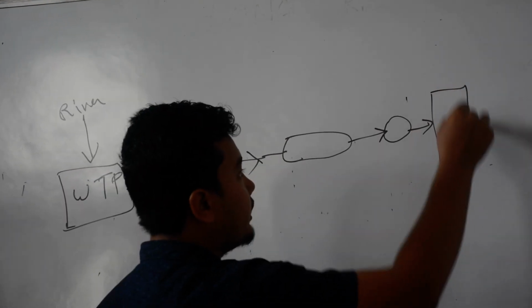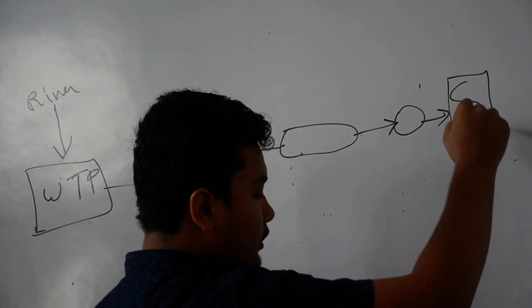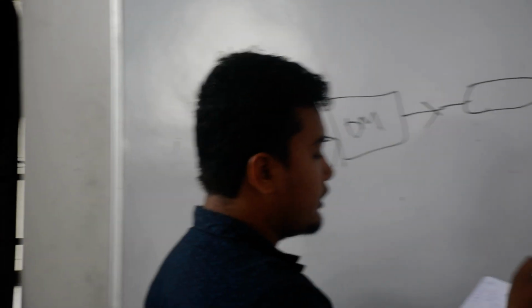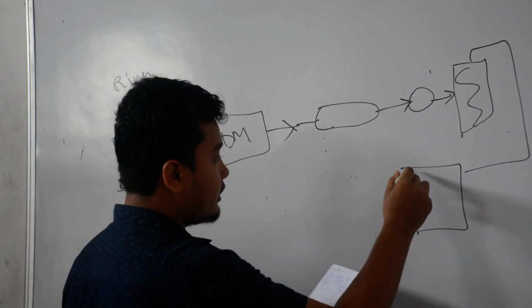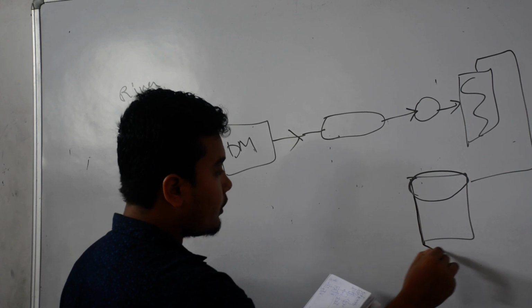In the economizer, the water will be preheated, and from there the water will go to the boiler. So in the boiler there are many sections. There are drums, and they will have water tubes.